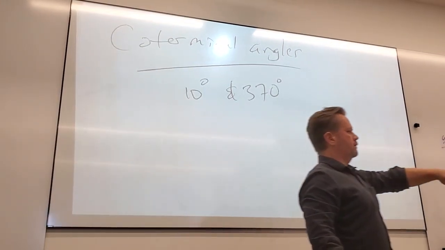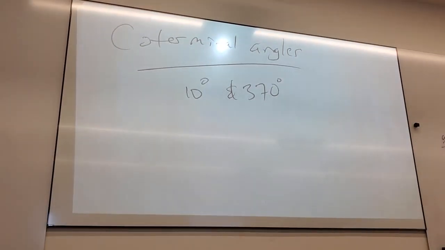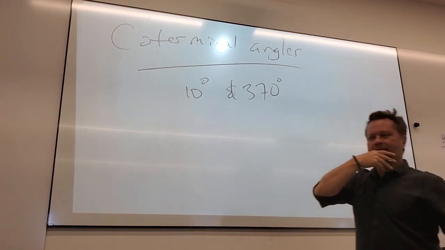If I started at the x-axis and go through 10 degrees versus going through 370 degrees. Why do they end up being the same direction? Because they're exactly 360 apart. Yes. So 370 would be 360 plus 10. So I'm going to end up looking the same way. So we call those coterminal, because once you're done spinning, you're facing the same way. Coterminal. Same stop. Right?